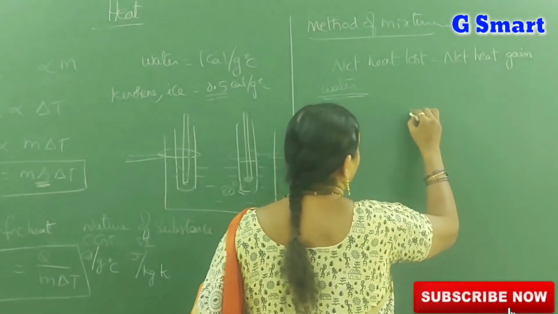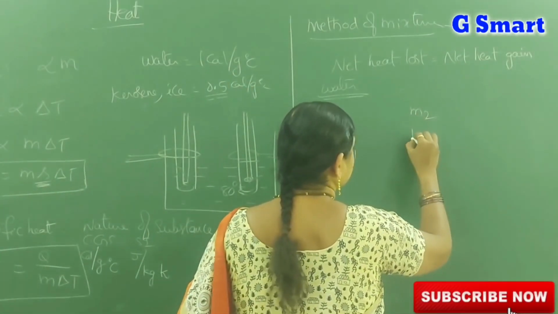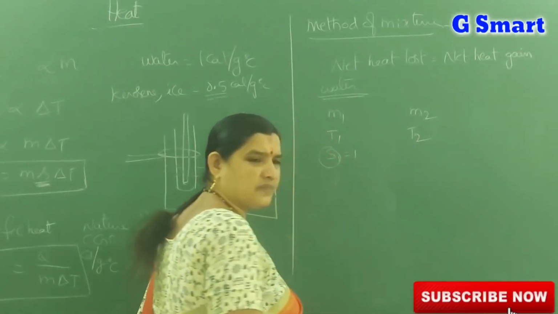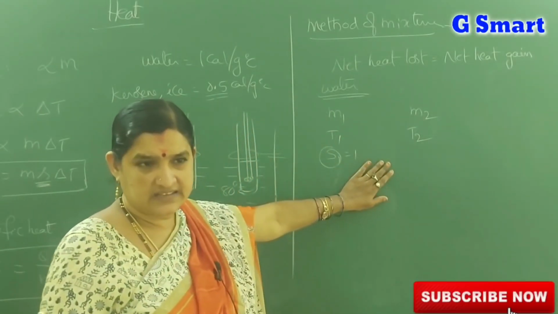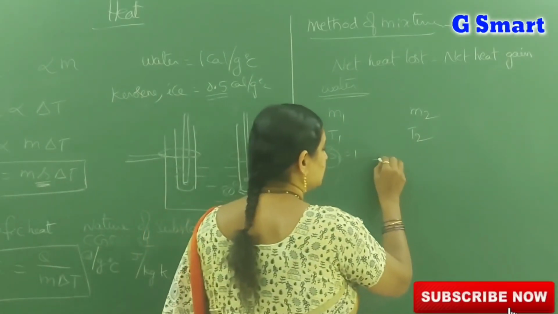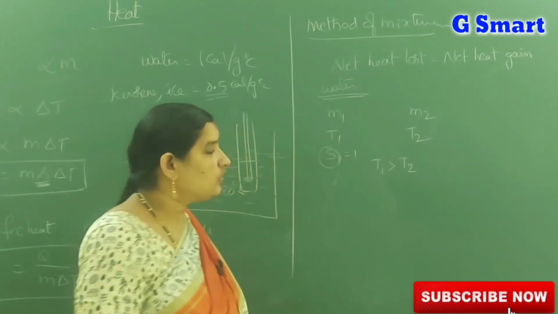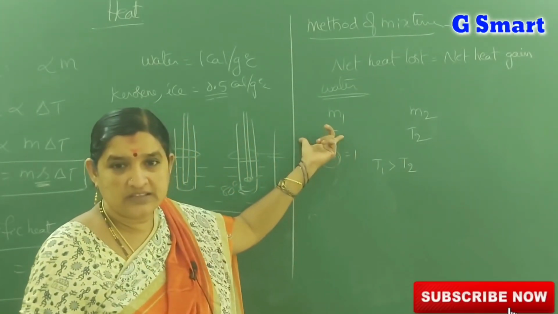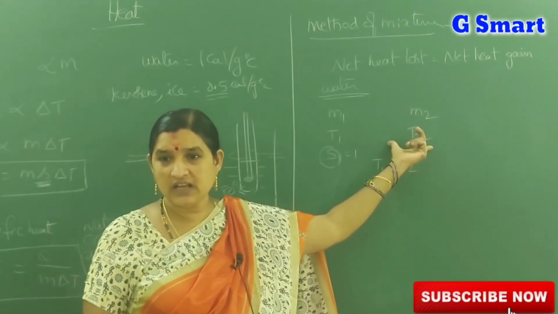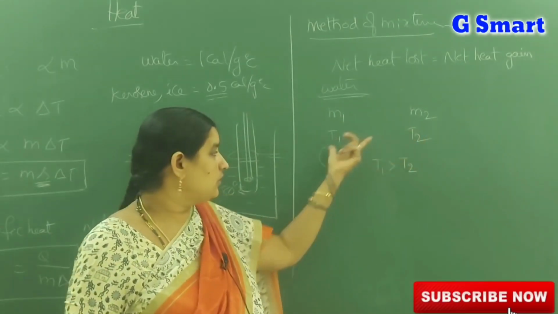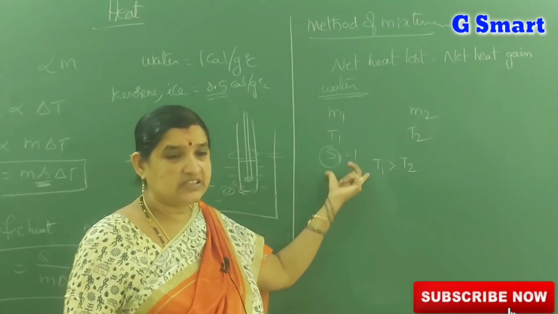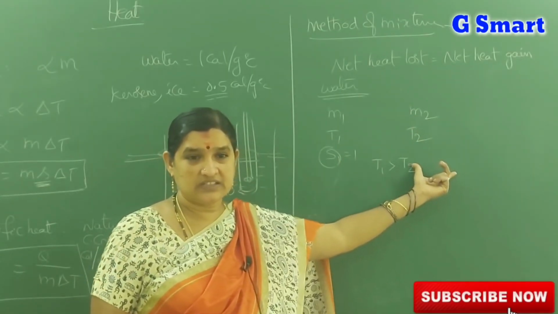M2 is the mass of the second substance and T2 is the temperature of the second substance. Consider that T1 is greater than T2. So the first body is the hotter body and the second body is the colder body. The first body loses temperature and the second body gains temperature.